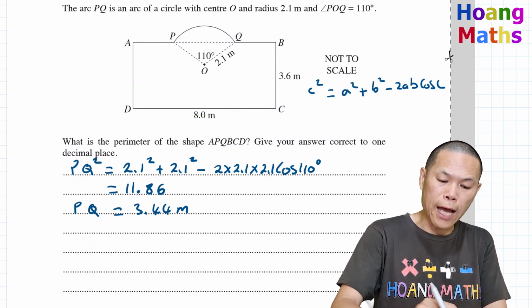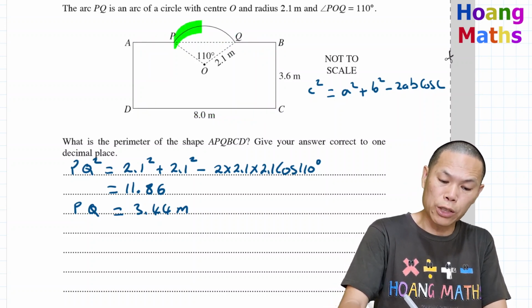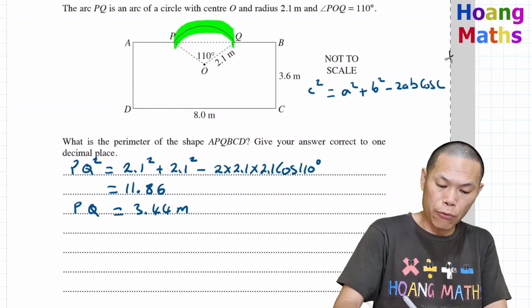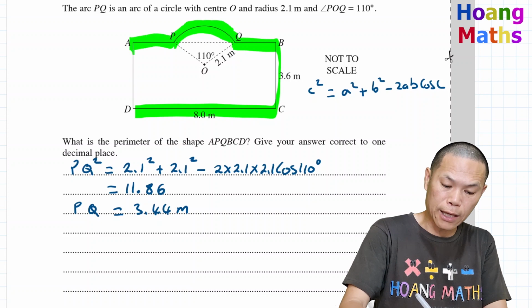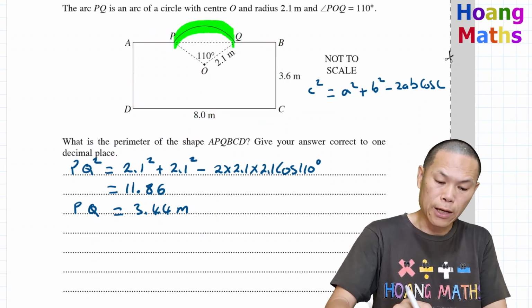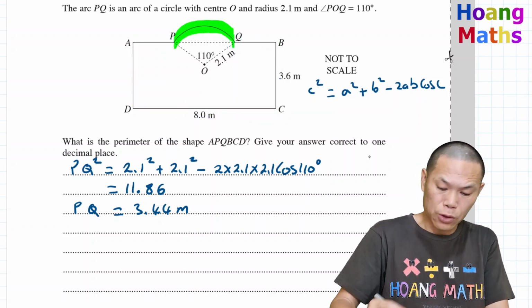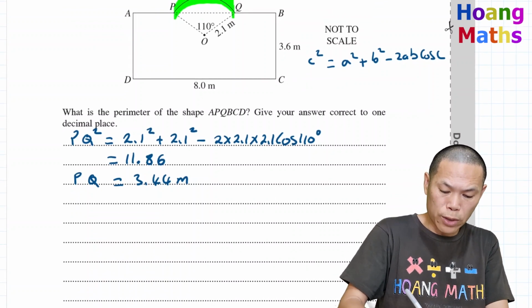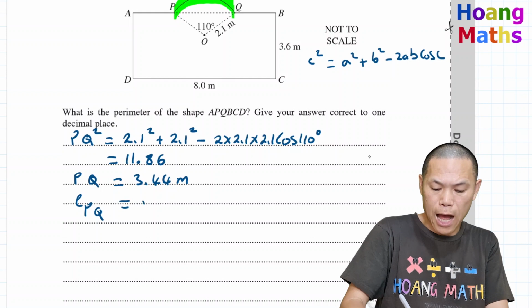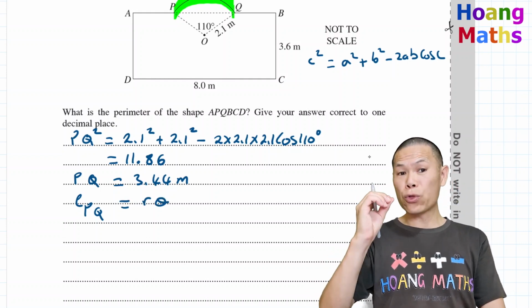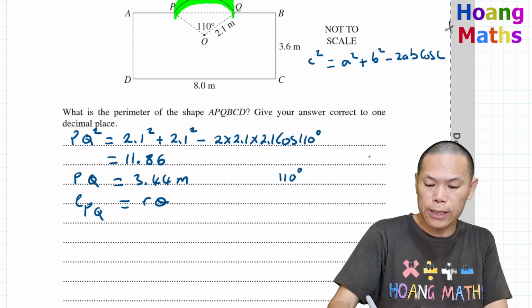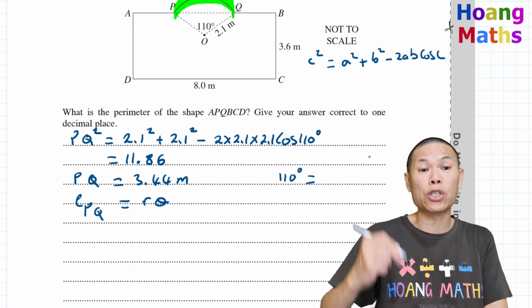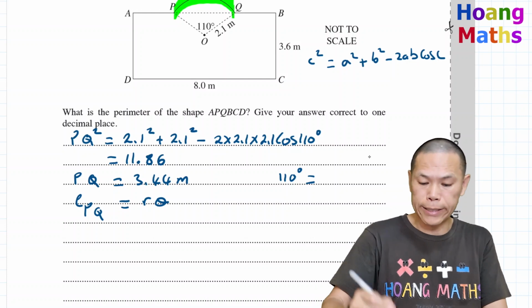Now we need to find the arc length of PQ. So we need to work out this length because the perimeter is this plus this plus this plus the arc length and plus this. So don't forget. So work out the arc length. Let me just write this down. The rule is this: the arc length of PQ is r theta, and the angle theta must be in radian. And we know that to convert 110 degrees to radian, we times by pi over 180.